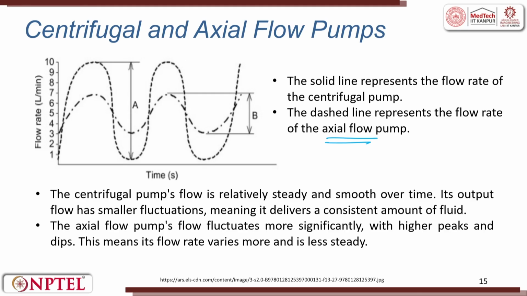The centrifugal pump flow is relatively steady and smooth over time. Whatever sinusoidal variation it has, the amplitude is very low. Its output flow has small fluctuations, meaning it delivers a consistent amount of fluid.